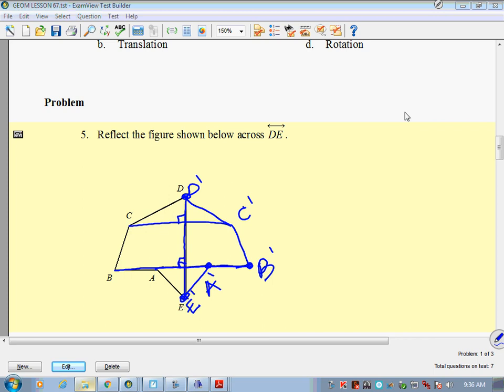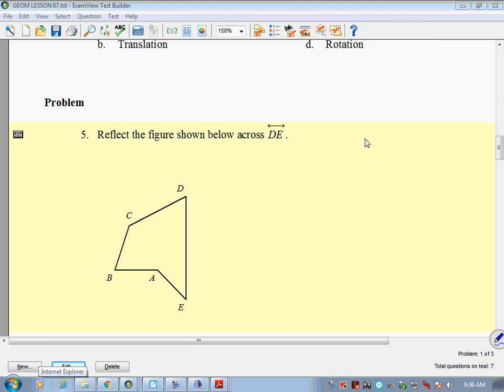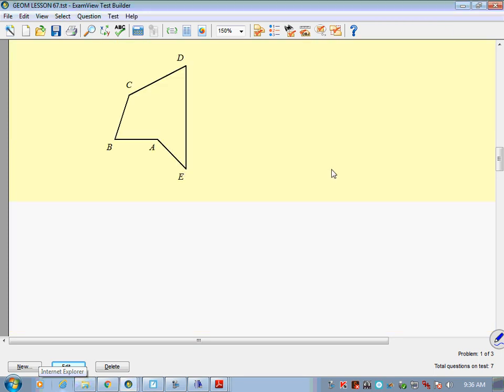That should be perpendicular, correct? Right, because it should be a perpendicular line across the line of reflection where these distances are the same. Right, does that make sense? Okay, you're trying to draw them straight across that line of reflection. Okay, so that's the kind of picture we want to get out of that.